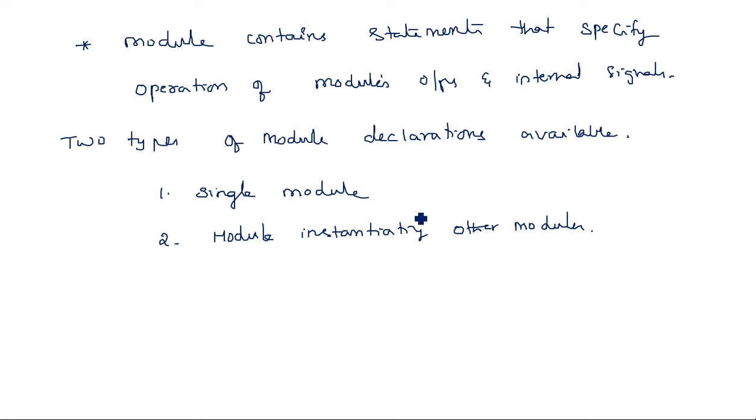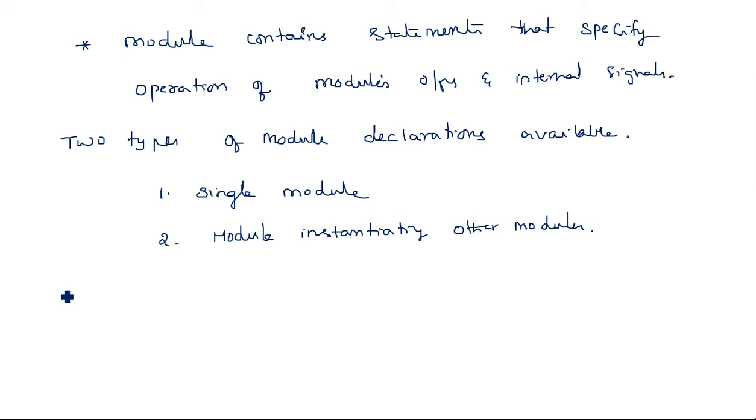That means in the single module, only this particular module is solely responsible. The inputs and outputs are there only in that. Whereas the second type of module declaration is having one parent module consisting of several child modules. All these child modules will have interrelation with respect to the parent module.